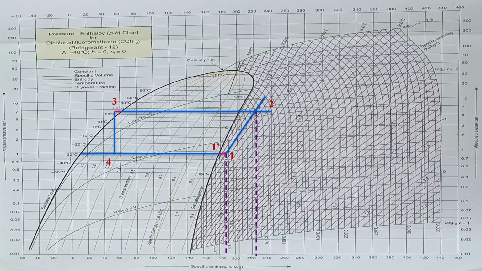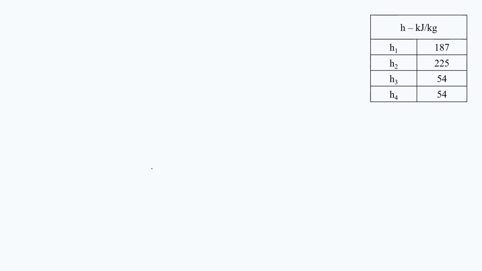Similarly, enthalpy at 2 will be nearly 225 to 230 kilojoules per kilogram, and enthalpy at 3 and 4 will be nearly 50 to 55 kilojoules per kilogram. So by taking the values with approximation, we'll get enthalpy at 1 as 187, enthalpy at state 2 as 225, enthalpy at 3 as 54 as well as 4 as 54.